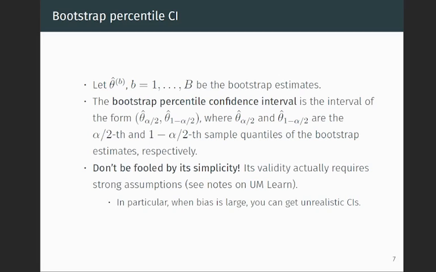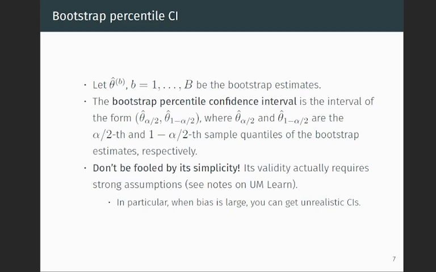What the bootstrap percentile method does is that it takes the sample quantiles from these estimates to construct a confidence interval for theta. If we take theta hat alpha over 2 and theta hat 1 minus alpha over 2, and those are the sample quantiles from the bootstrap estimates, you can construct a confidence interval that way, using the first one as the lower bound and the second one as the upper bound.